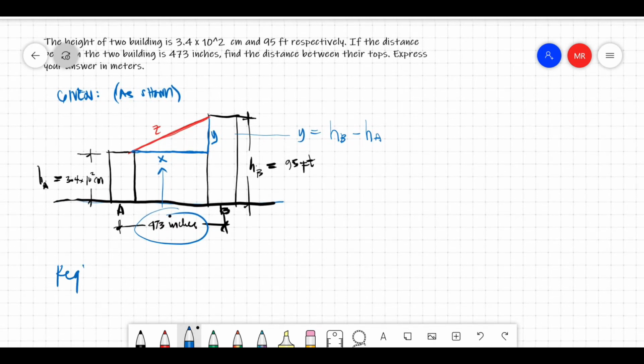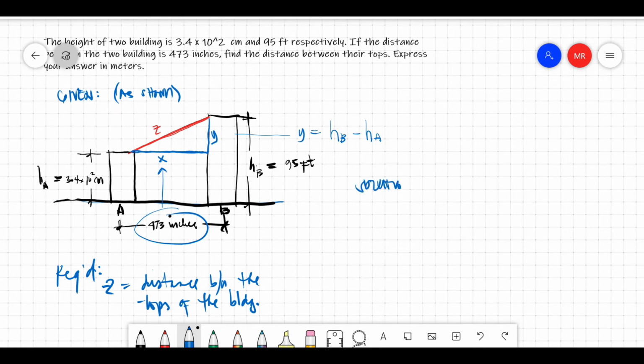So let us continue solving. We are required to get Z, the distance between the tops of the buildings. From the Pythagorean theorem, the square of the hypotenuse is equal to the sum of the squares of its sides.